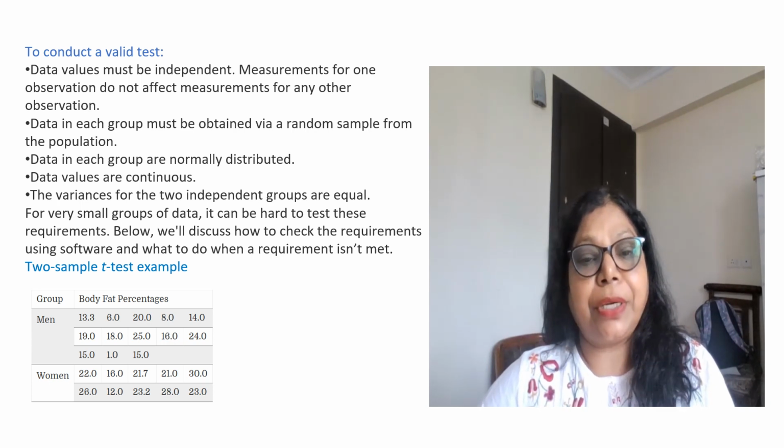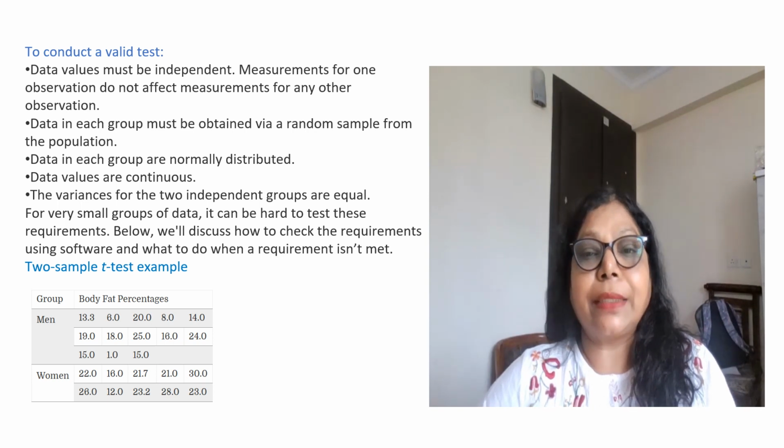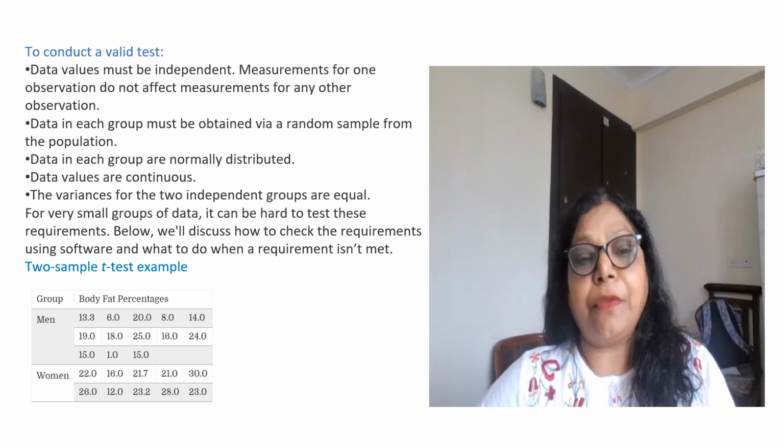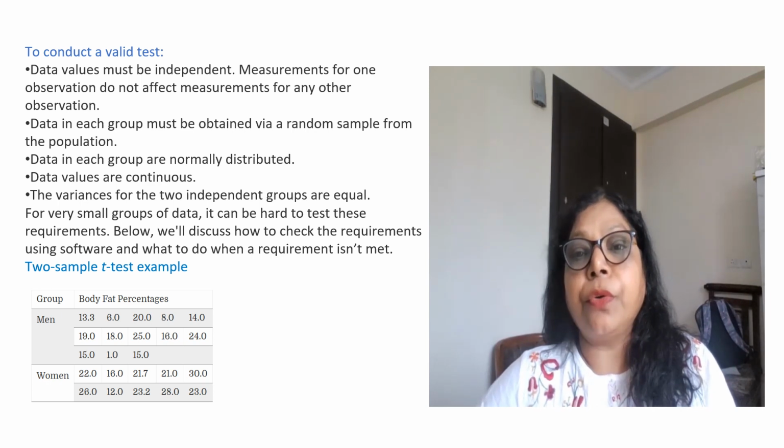Then their trainer measured the body fat, and the data was collected and displayed in the form of a table. The groups are men and women, and here we have body fat percentages.